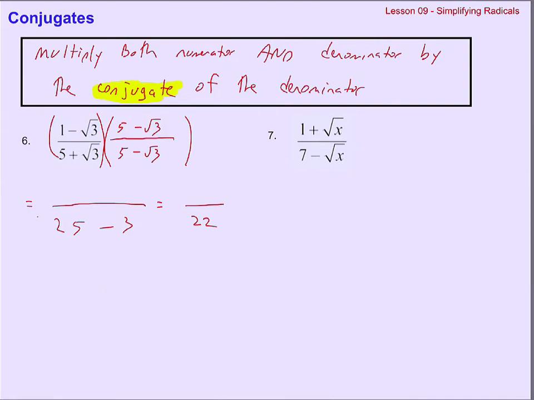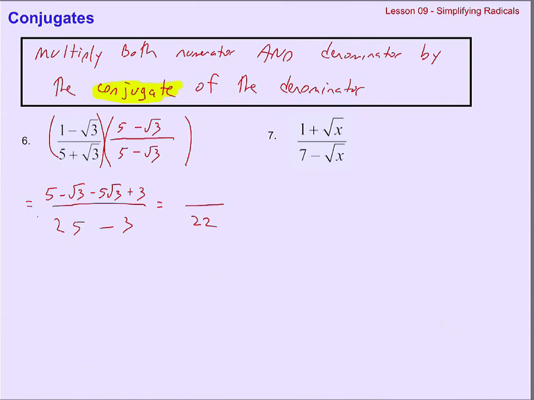In the numerator, there will be some, because foiling all that out is going to lead to some radicals still. So we're going to have to FOIL it out. That's 4 multiplications again. 1 times 5, 1 times negative root 3, negative root 3 times 5, and negative root 3 times negative root 3, those cancel out.